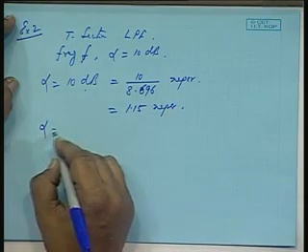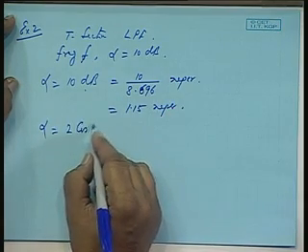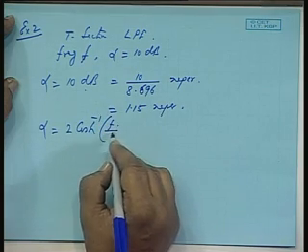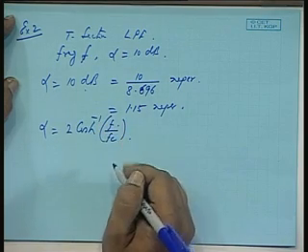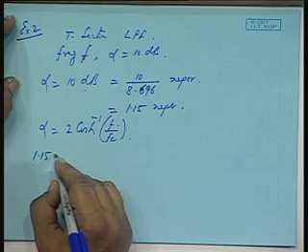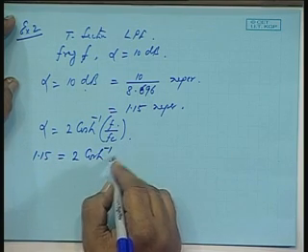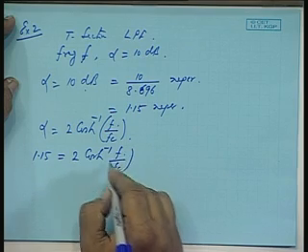So, alpha is equal to twice cos inverse f by Fc, that is 1.15 is twice cos inverse f by Fc.